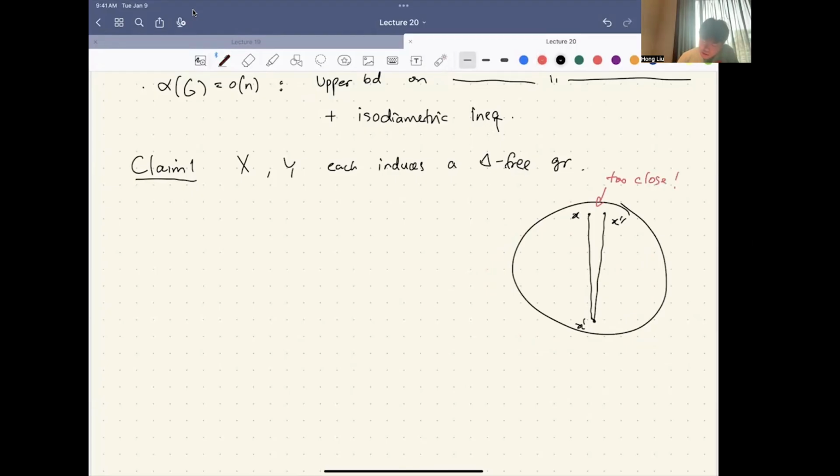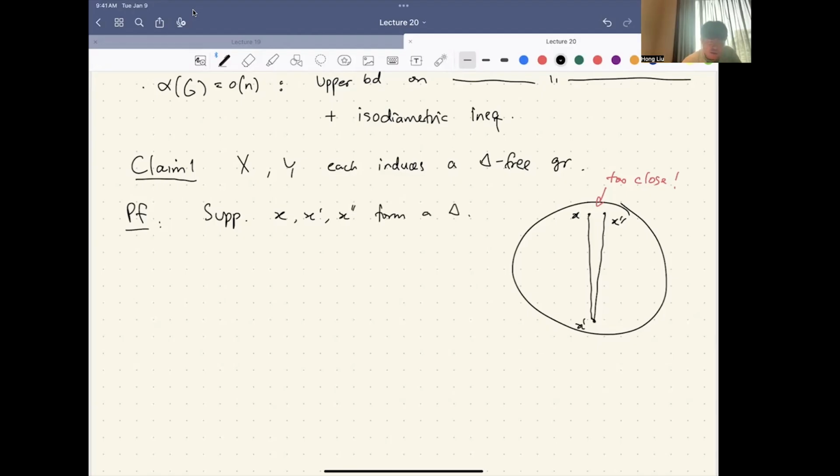All right. Let's prove this rigorously. This is easy. Suppose X, X prime, X double prime form a triangle.